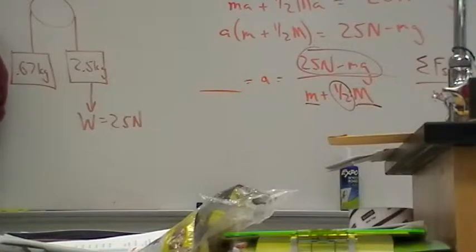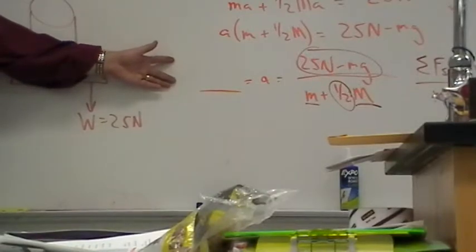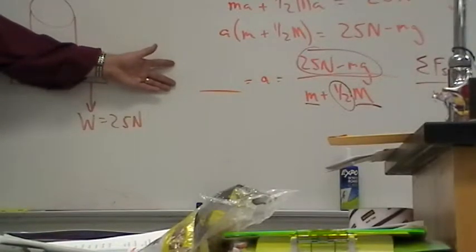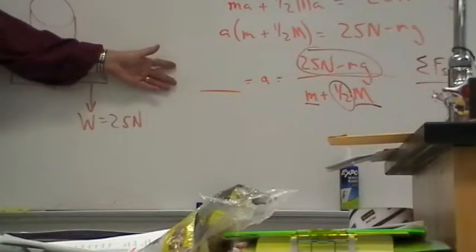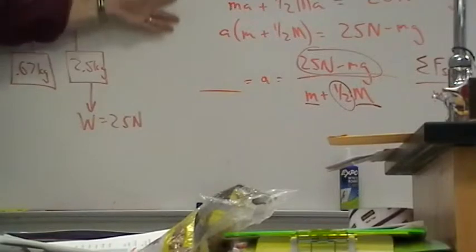Sometimes they'll even put in key phrases like derive an expression for the acceleration using fundamental ideas. Well, if they tell you to derive an expression and you just plop that bad boy down, well, you can forget getting any credit. They don't care about you knowing the expression. They want to see where it came from.